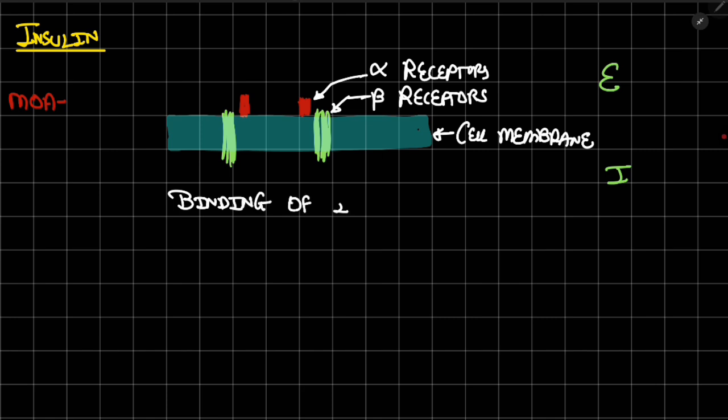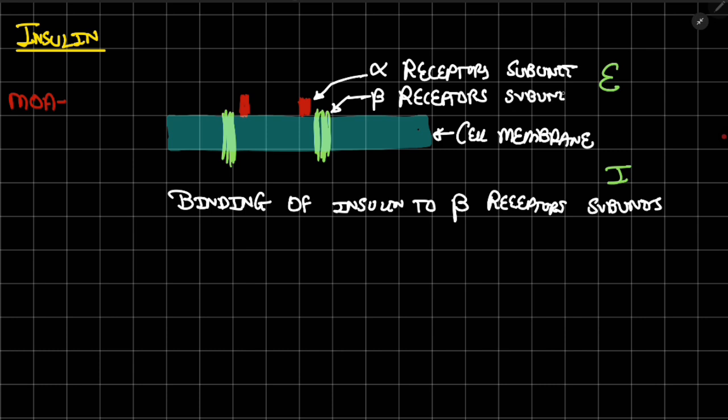Binding of insulin to beta receptors. Basically these are subunits of the same receptor, so calling them individual receptors would be wrong. The beta subunit has tyrosine kinase activity.